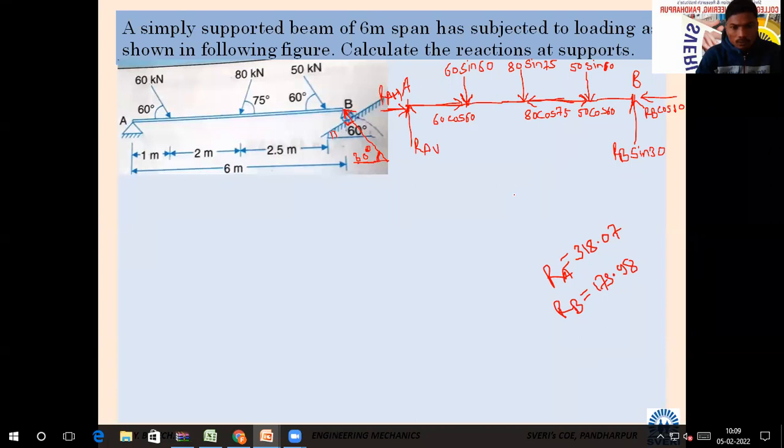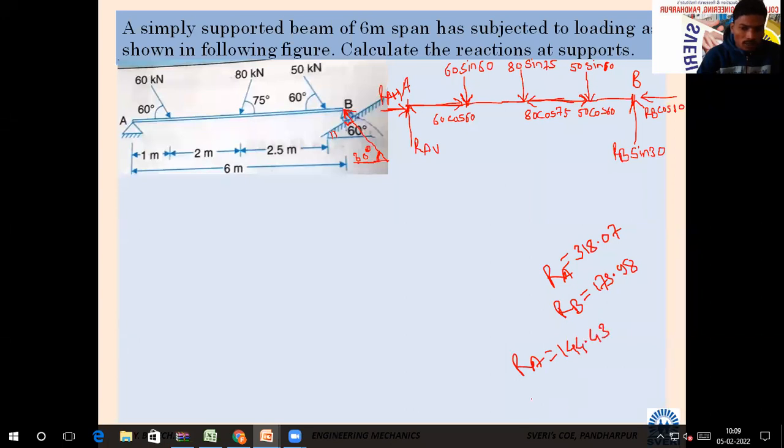Is it correct, Guru? Sir, my RA is 203.78. My RA is 193.48. And my RA is 144.43. Sakshi, you tell your answer. 144.43.